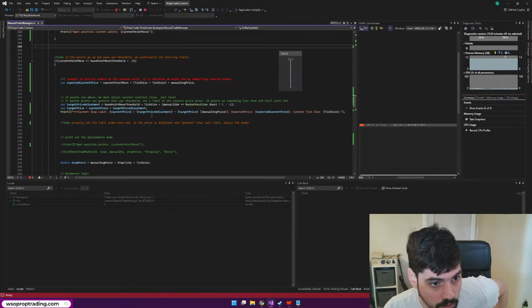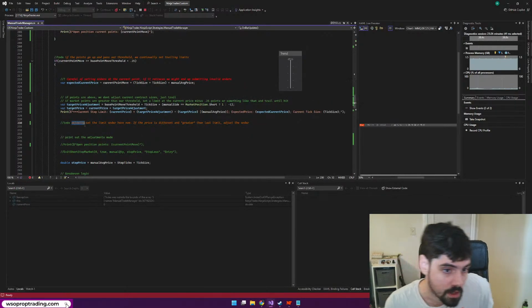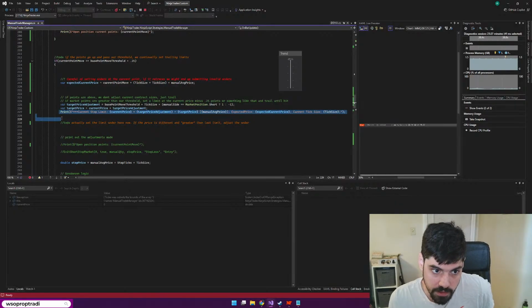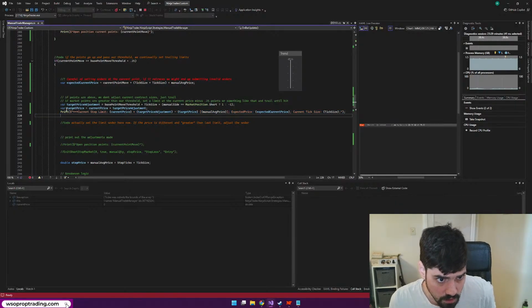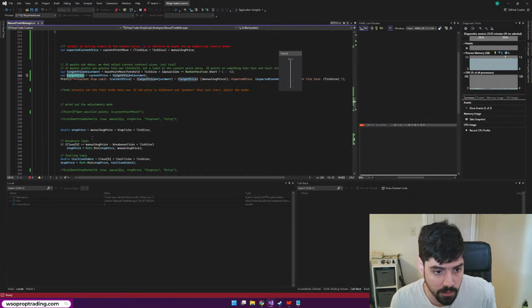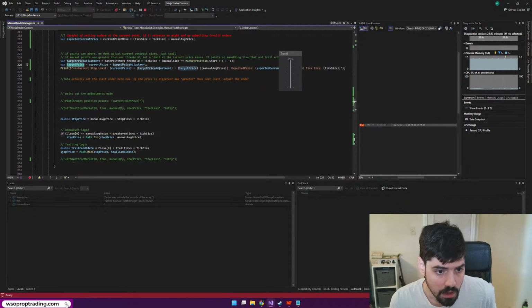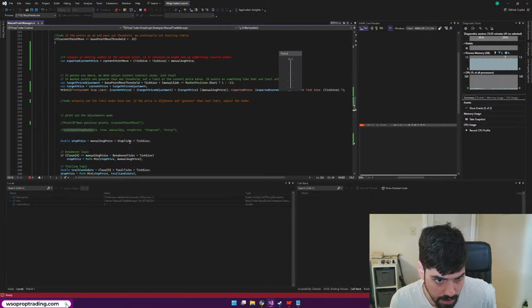So we have now the actual numbers, right? So all we have to do now for this is capture the target price, right, that our limit is at. And from there, we put a stop at the price, and the quantity is whatever our current quantity is.